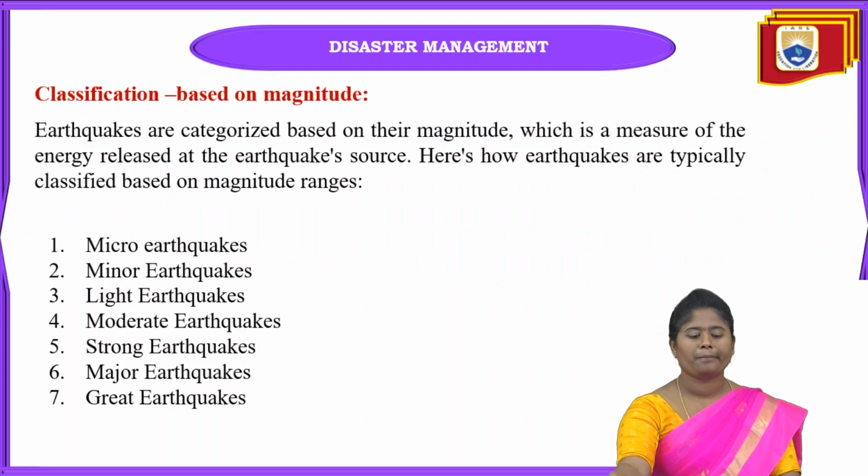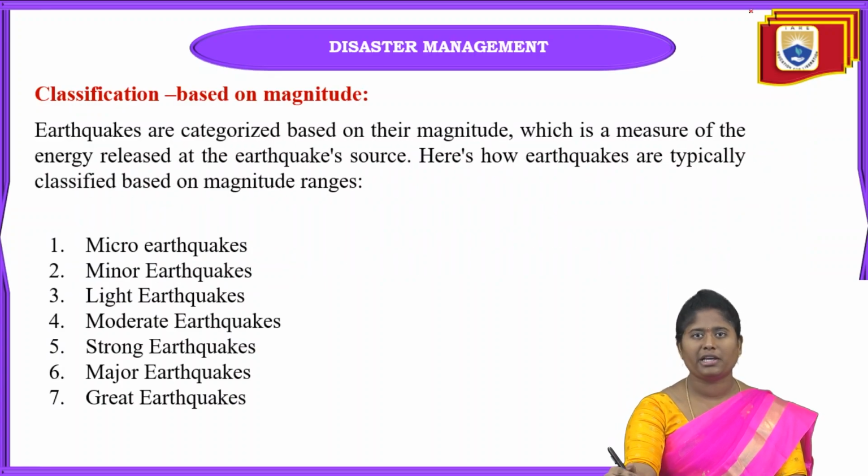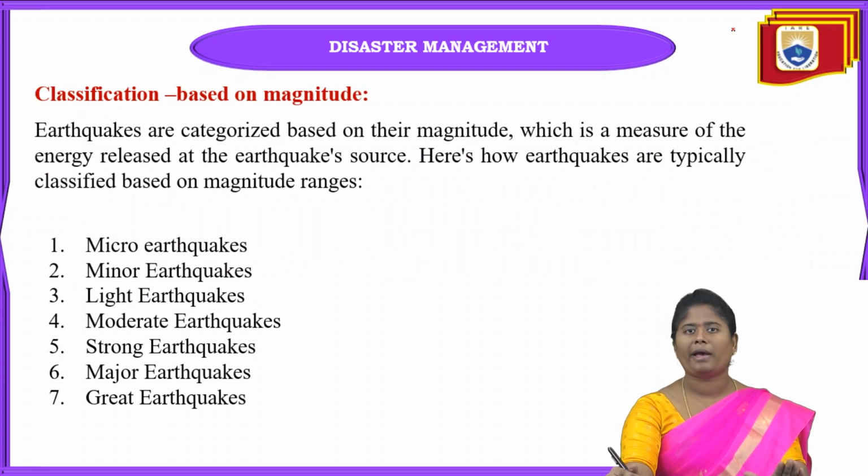Okay. And coming to the next classification, now we have completed classification based upon the causes and based upon the depth also. Coming to the third one, that is based on the magnitude.